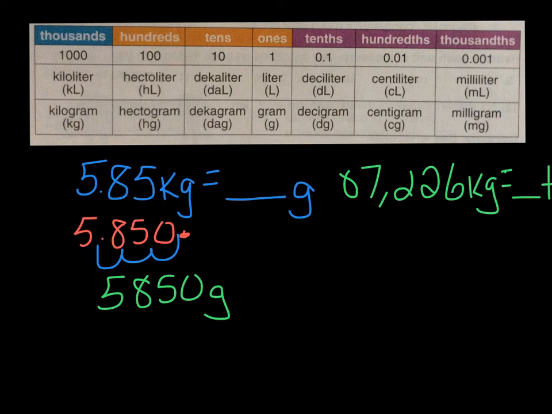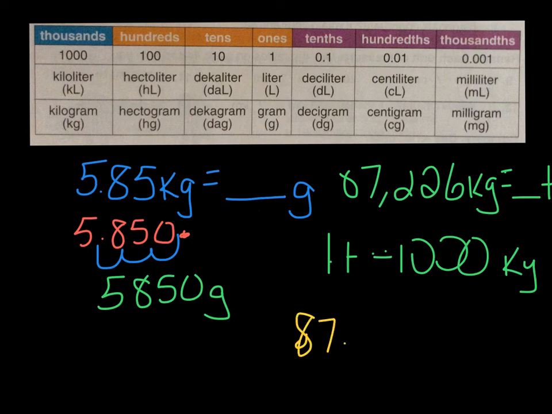Okay, so for this one, I need to revert back to my notes, where I see that 1 ton equals 1,000 kilograms. So now if I divide 87,226 by 1,000, then I would get 87.226 tons. All right, I hope that's what you were able to get as well.